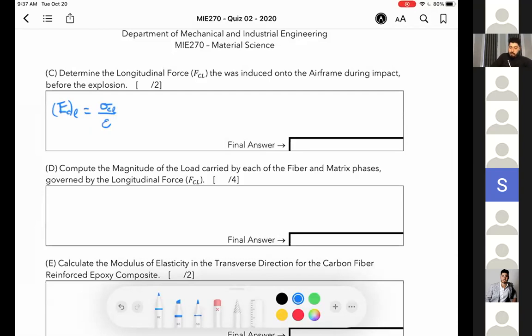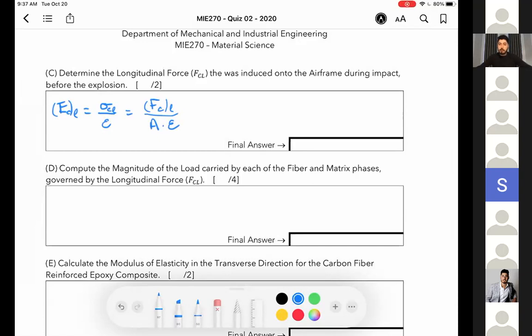But we don't have the strength of the composite in the longitudinal direction for this specific force, right? So we're going to do that manipulation again. We can say that the force of the composite in the longitudinal direction divided by the area of the composite, over the strain of the composite, is equal to the Young's modulus of the composite in the longitudinal direction.